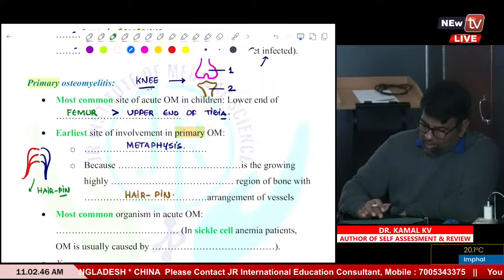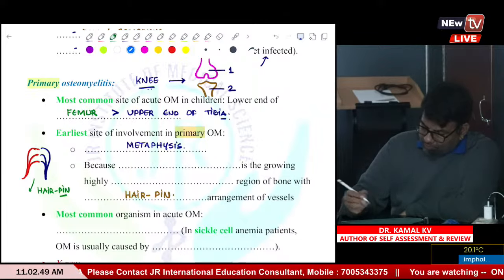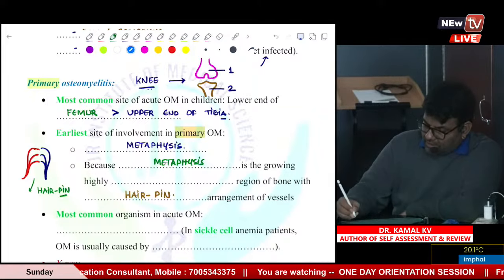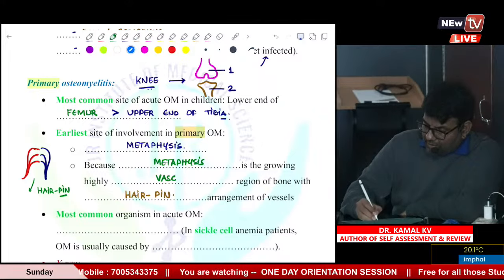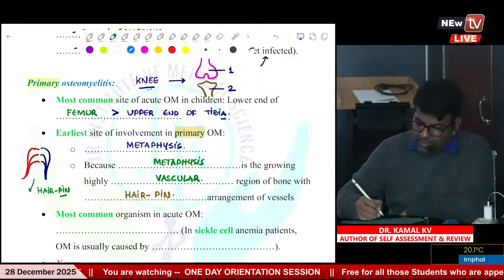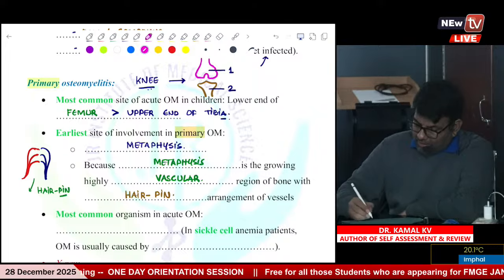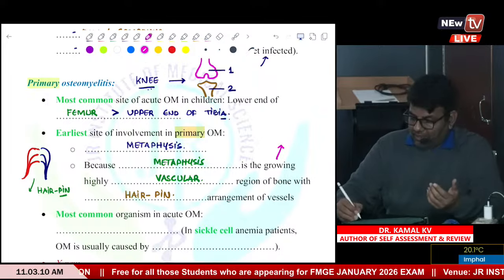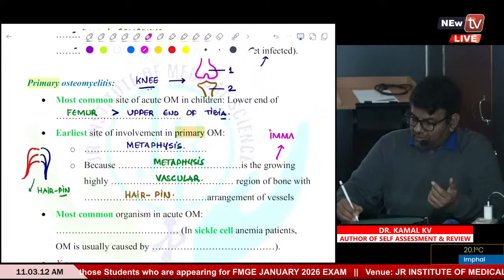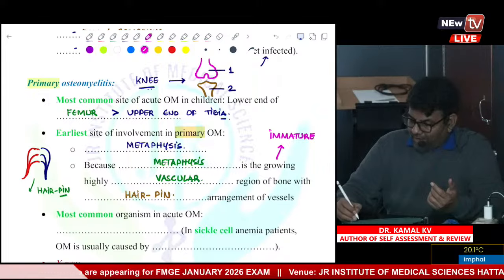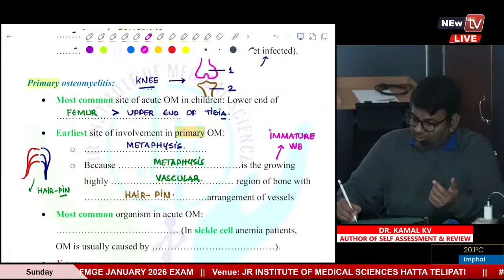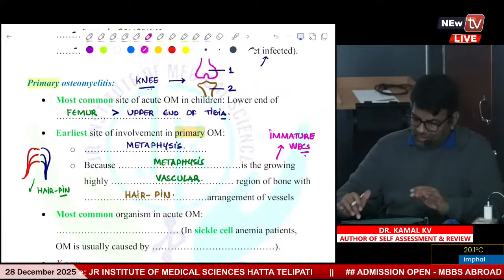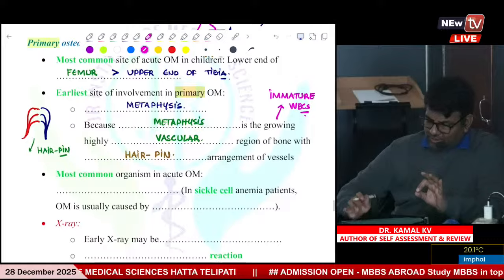Number one. And metaphysis is the growing, highly vascular area with hairpin arrangement. Now it is a growing area, so WBCs are also immature here. So immature WBCs means what type of defense? Good or bad or poor? Yes, so the defense mechanism is also poor, not that well developed to tackle bacteria. So this is in short about pathology.